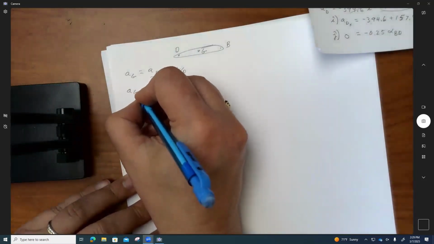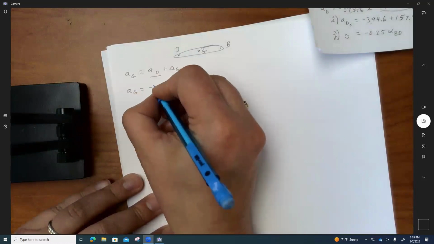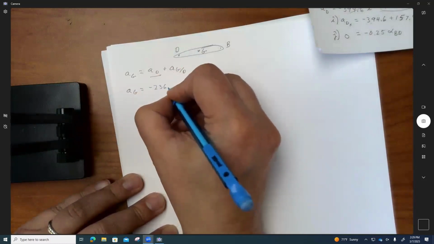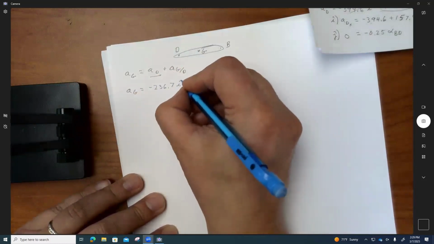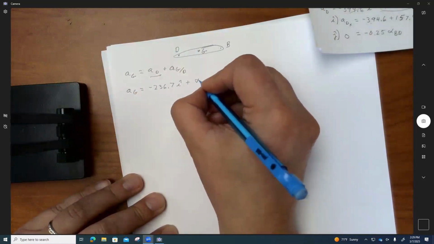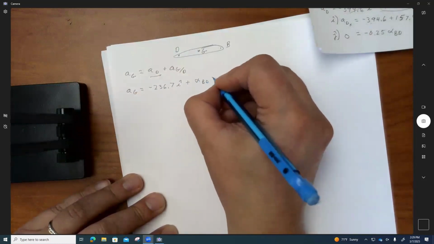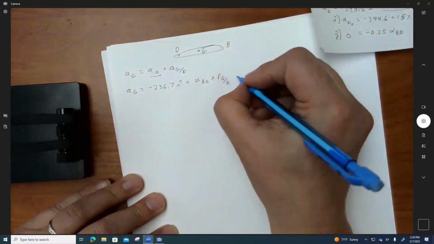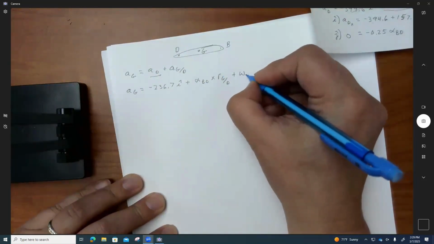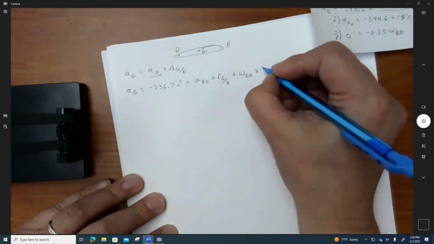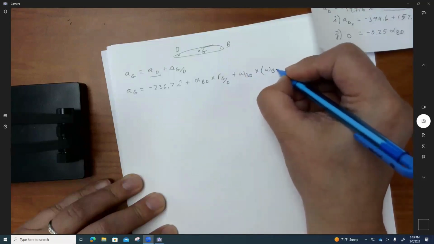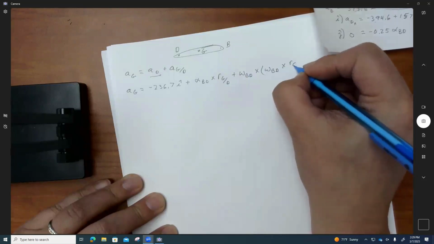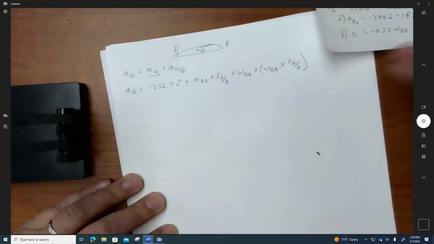So acceleration of G is equal to minus 236.7 i plus alpha BD crossed with r of G relative to D plus omega BD crossed with omega BD crossed with r of G relative to D.